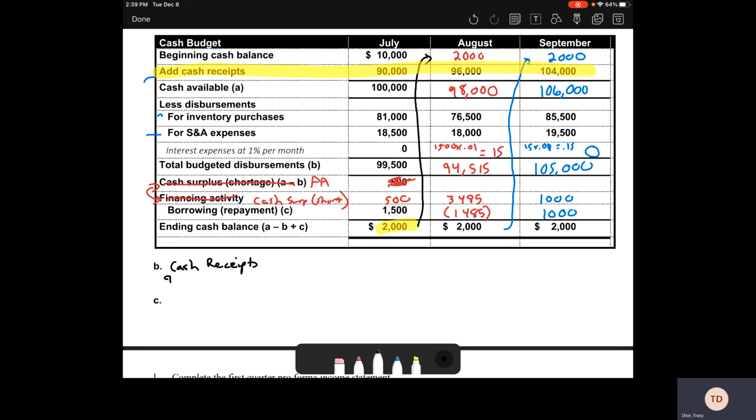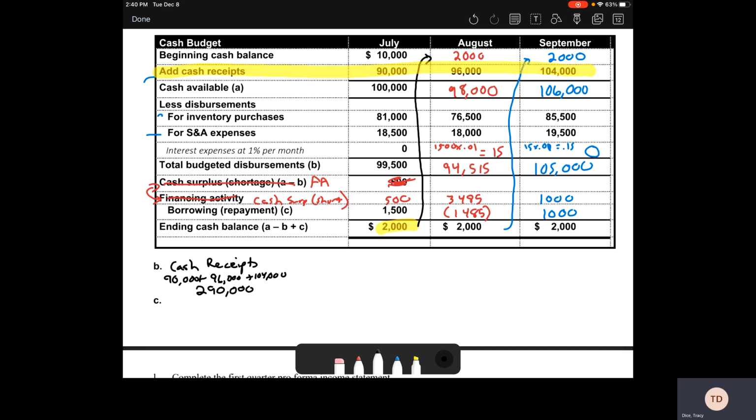When we do 90,000 plus 96,000 plus 104,000, we end up with $290,000.